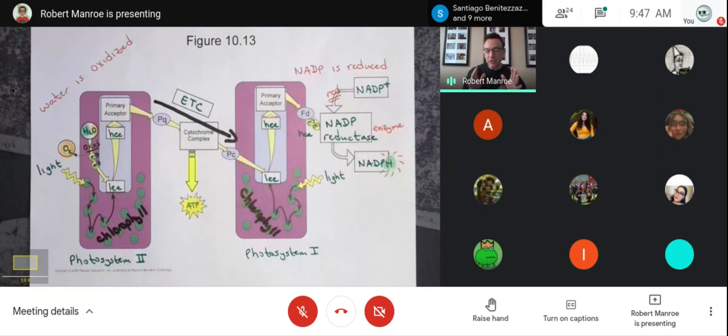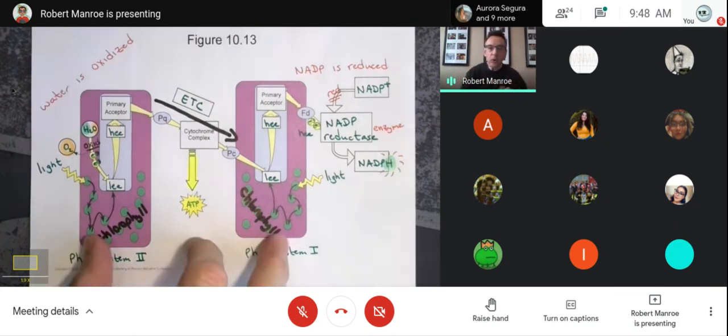The way that you learn biochemistry is to become familiar with it. NADP, NADPH, ADP, ATP, electron transport chain, NADP reductase, oxidation reduction, photosystem 2, photosystem 1. It's vocabulary. You simply have to put the vocabulary in context and understand what's the whole point of this.